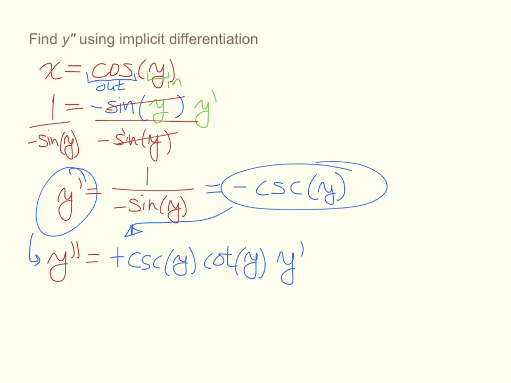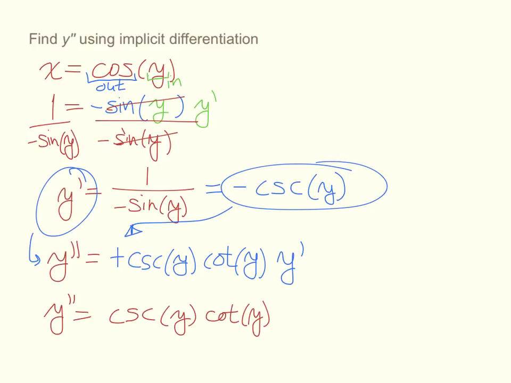With that being said, we can rewrite our second derivative, y double prime equals cosecant y cotangent y, and instead of writing y prime, I want to write 1 over negative sine of y.